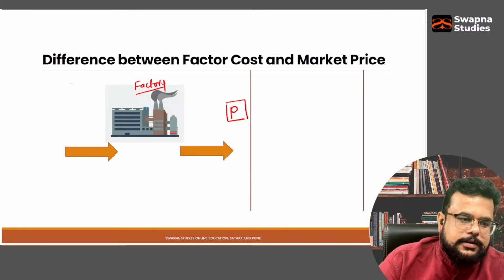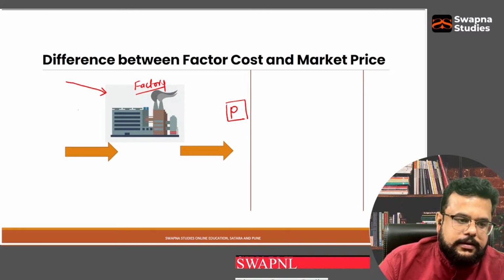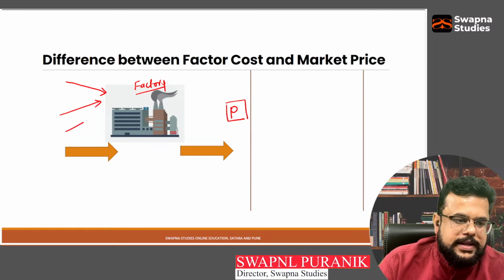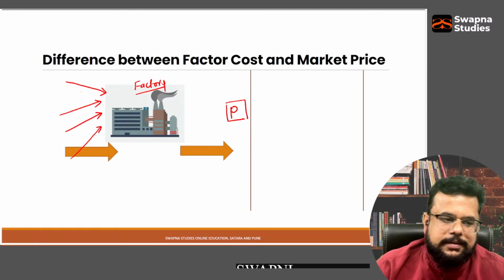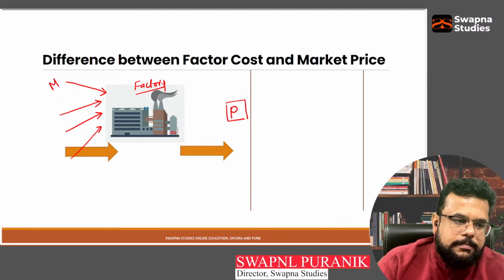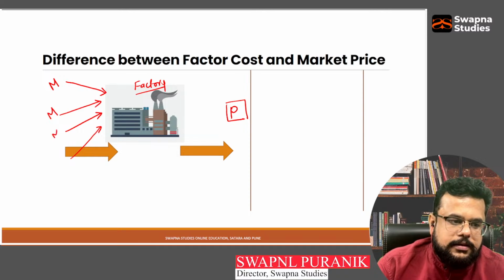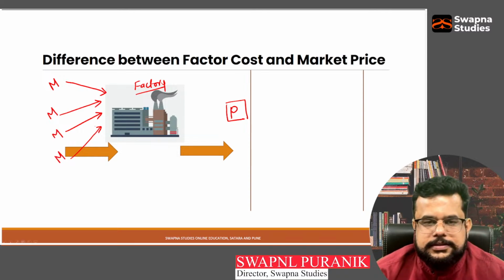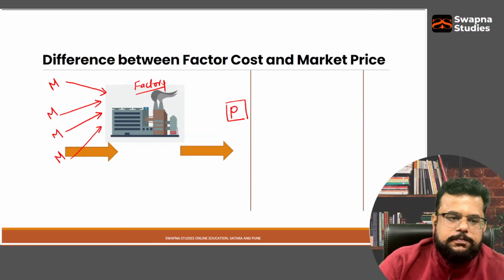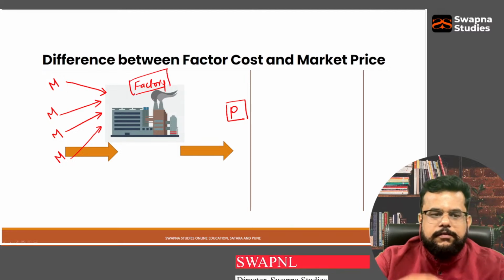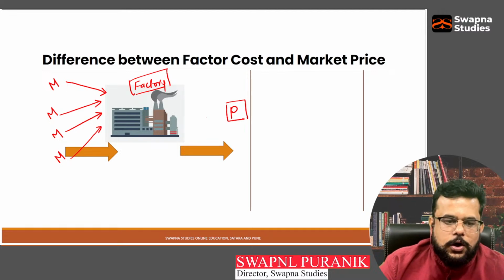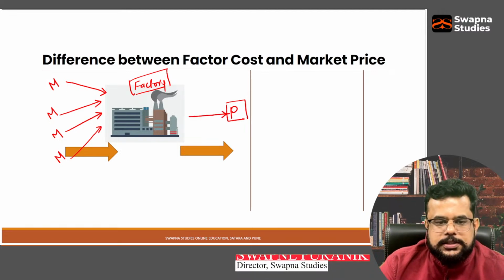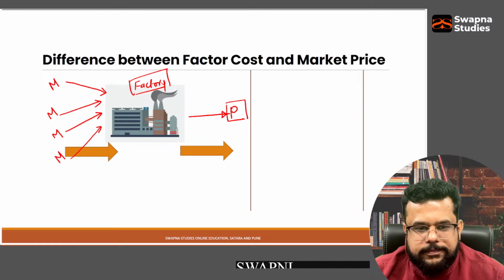What does this factory do? This factory receives various factors of production. सारे अलग अलग फैक्टर्स ऑफ प्रोडक्शन इस फैक्ट्री के पास आते हैं, for example man, money, machinery and materials. फैक्ट्री इन फैक्टर्स ऑफ प्रोडक्शन का यूज करती है और इसका यूज करके प्रोसेस करके इस प्रोडक्ट को बनाती है.